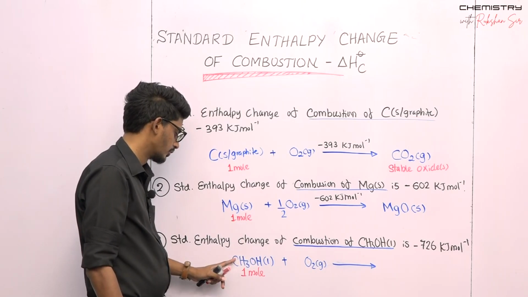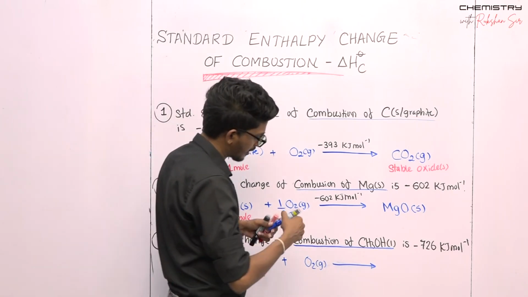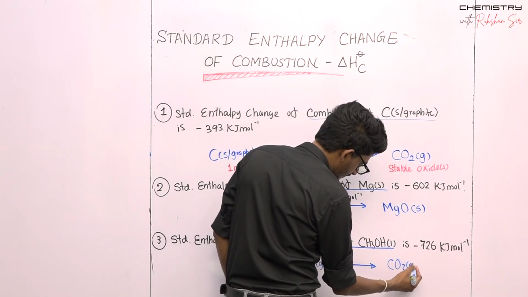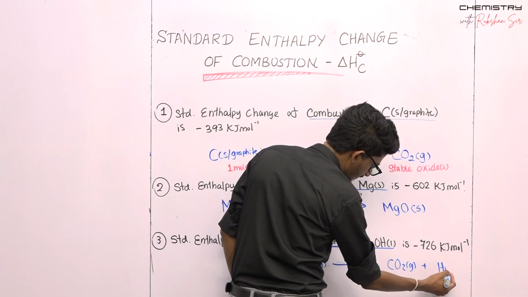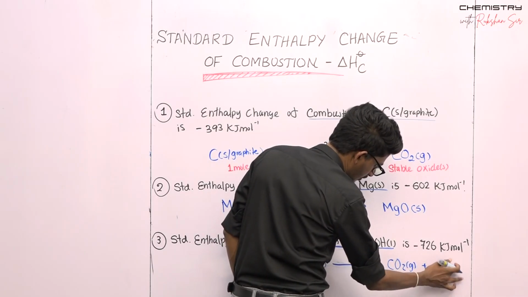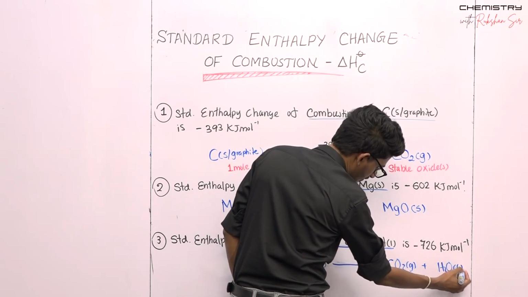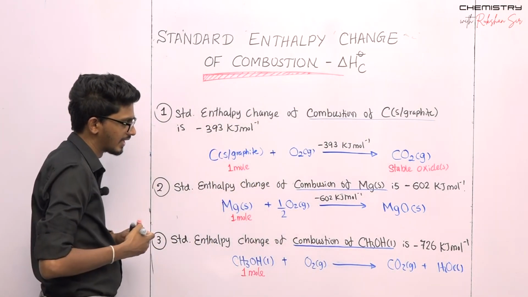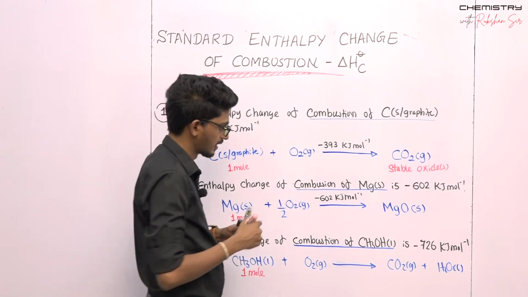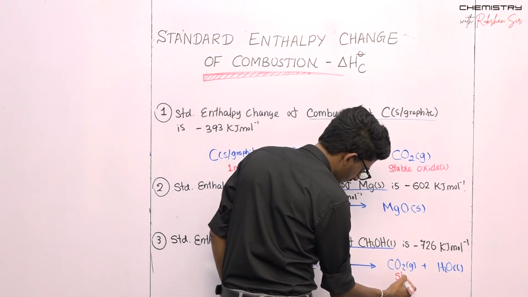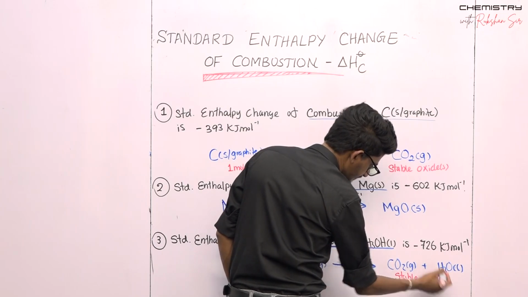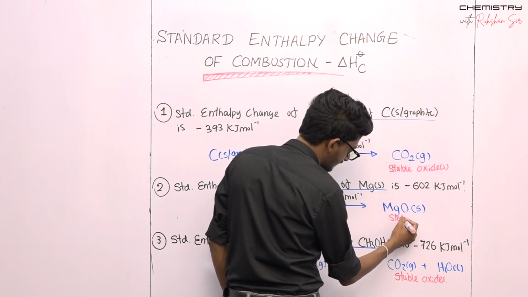So CO2 and H2O are the products. So CO2 gas and H2O gas are the respective oxides. So H2O liquid, sorry for that, H2O liquid, right? The form which is stable at room conditions, the stable oxides.